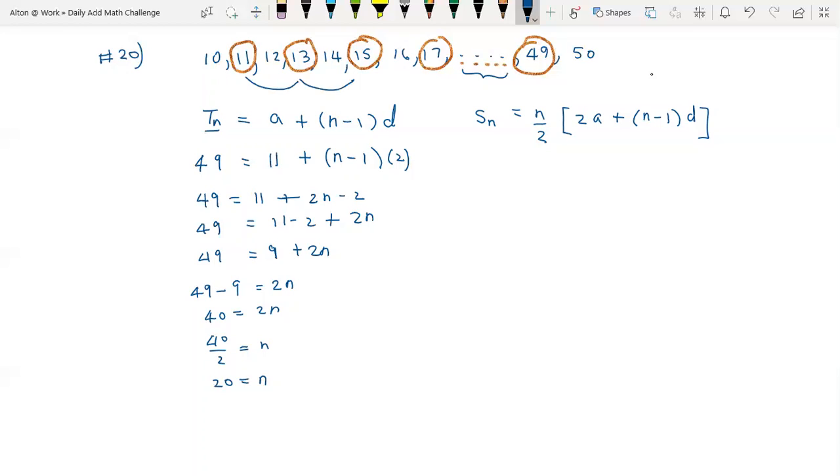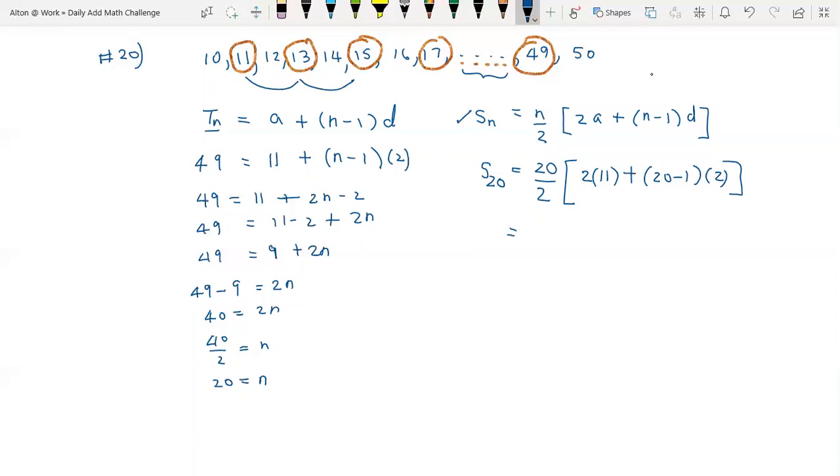Right. Now that we have worked out what is the n, we can now figure out the sum of these 20 terms by using n as 20 in this formula here. So that will give us 20 divided by 2, open brackets, 2 by our first term, which is 11, plus 20 minus 1 by a common difference, which is 2.